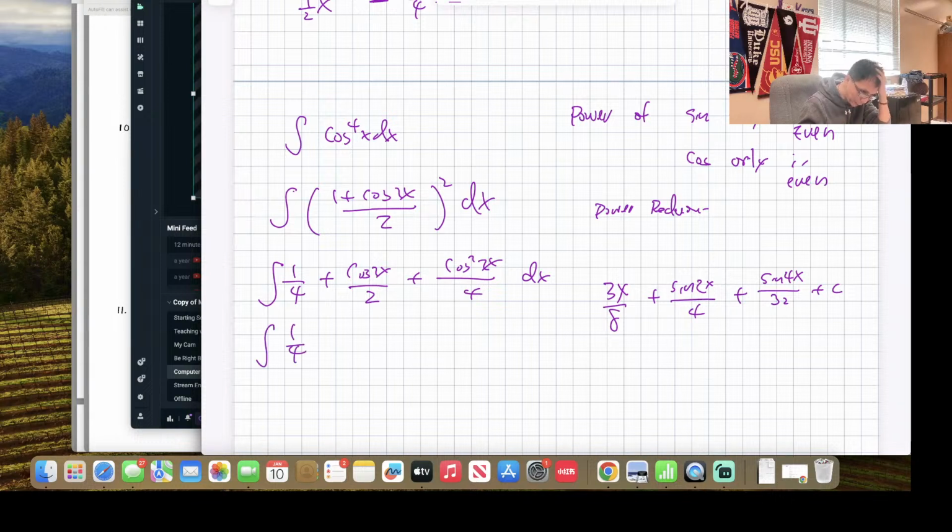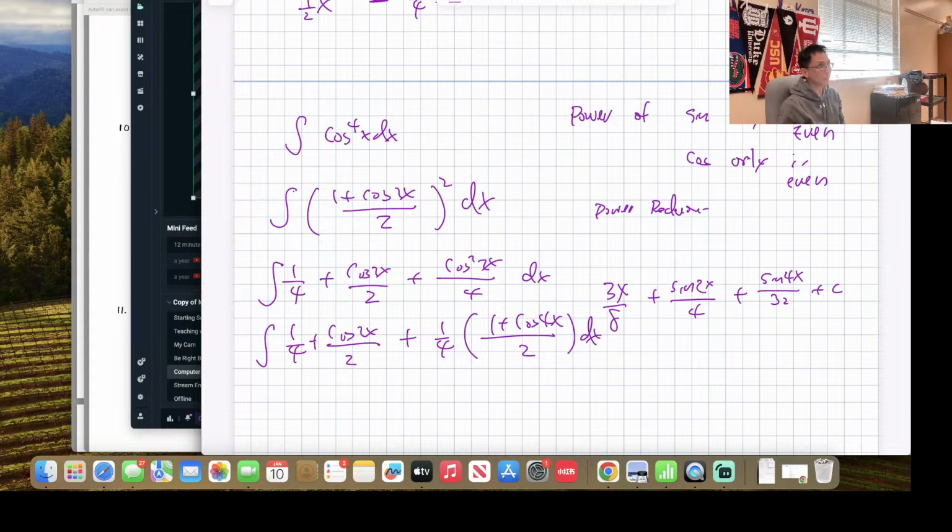This one's 1/4 cosine of 2x over 2 plus 1/4 times (1 plus cosine of 4x, rather than 2x) over 2 and dx. Oh, there's a plus, right? Missing a plus sign.